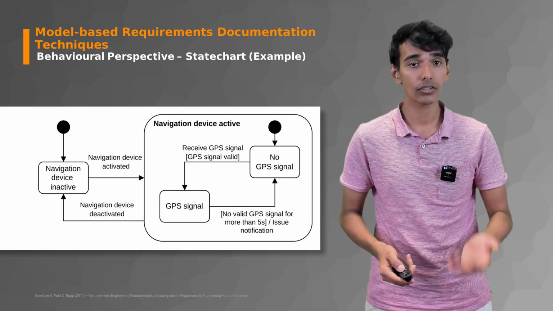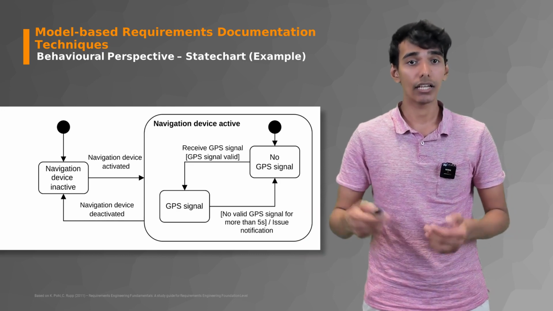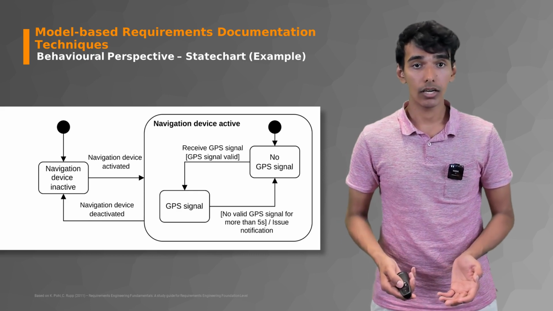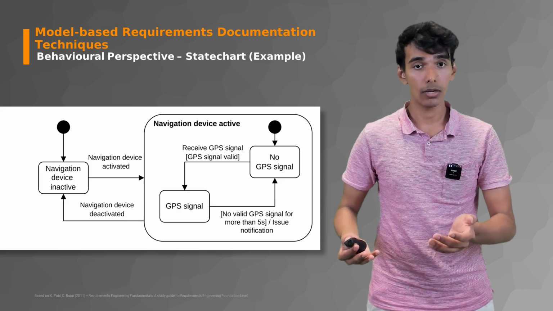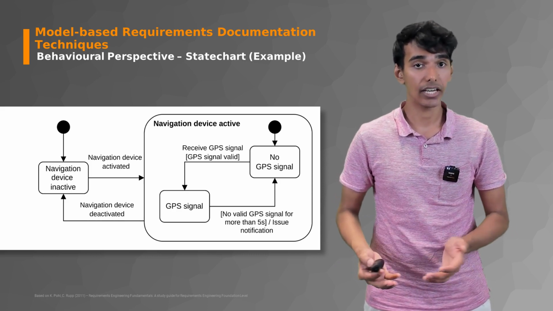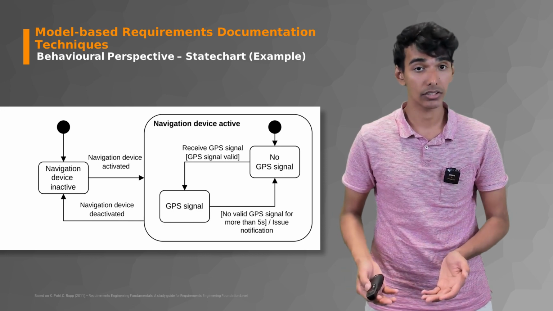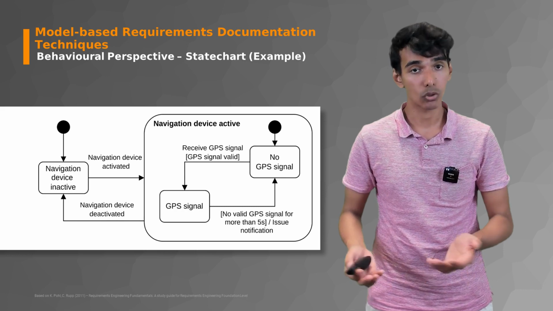While it's inactive, it first needs to be activated in order for the whole navigation system to start. Once it's activated, within the state of the navigation device being active, if there is no GPS signal, then it has to receive a valid GPS signal for the whole navigation to be processed.